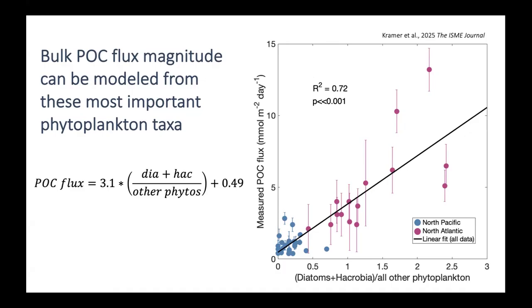A big piece of the work that I've been doing since the end of my postdoc, I was just in California about a month ago, is extracting a lot more DNA from a lot more samples from different ecosystems. We have these two export data sets, but we're very curious to see if this relationship holds up in other places and times, or if different phytoplankton taxa might be a better indicator of POC flux in an ecosystem with totally different phytoplankton community composition relationships.